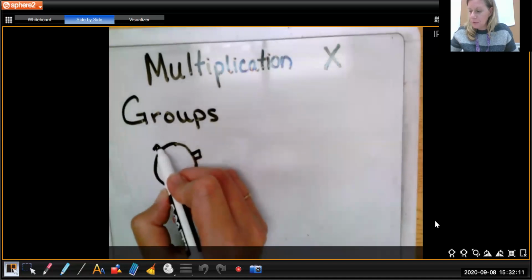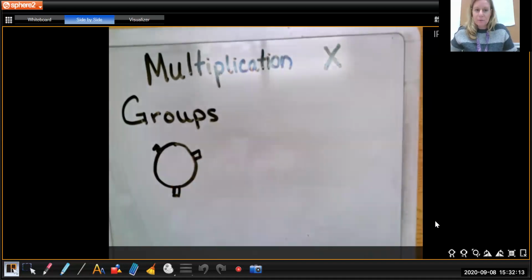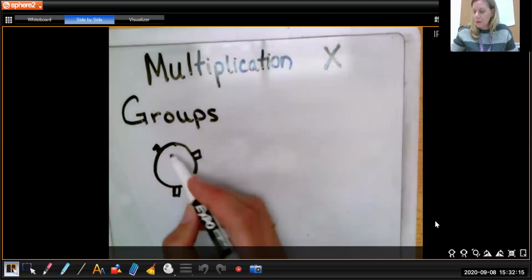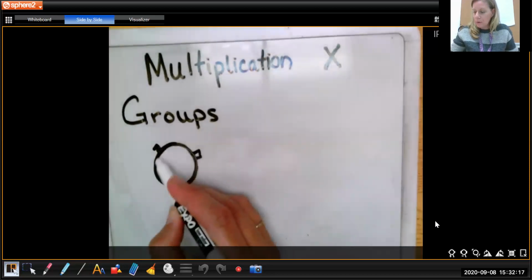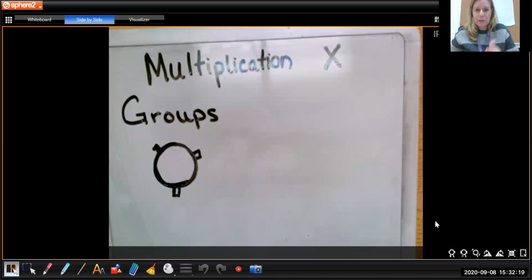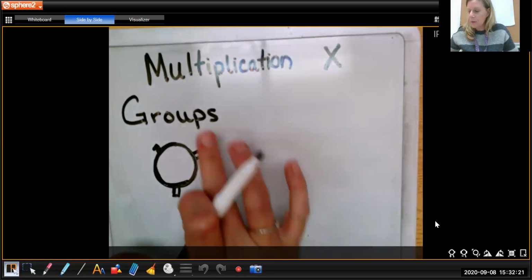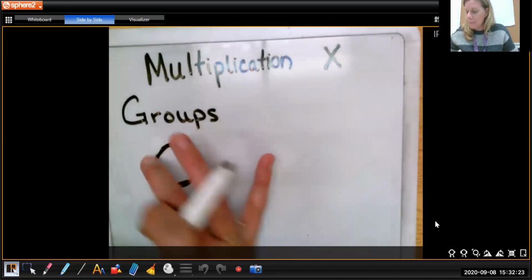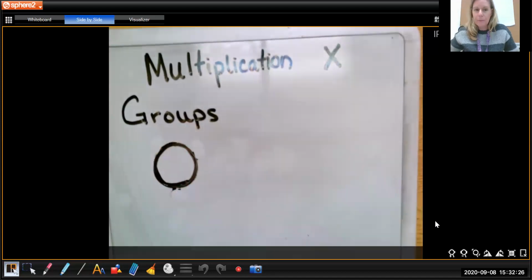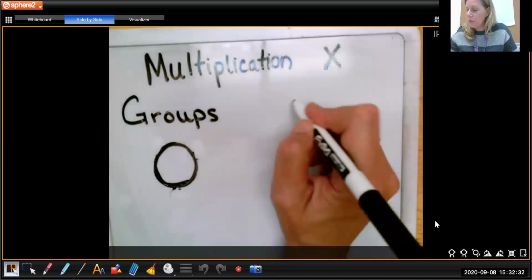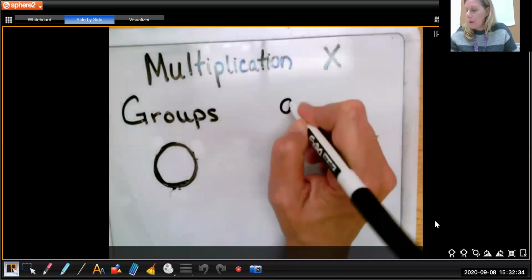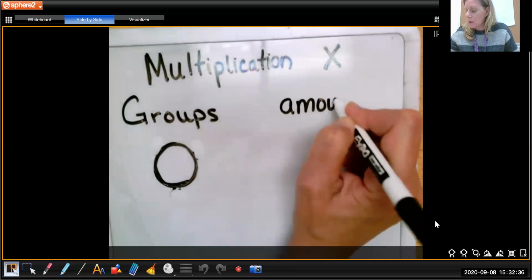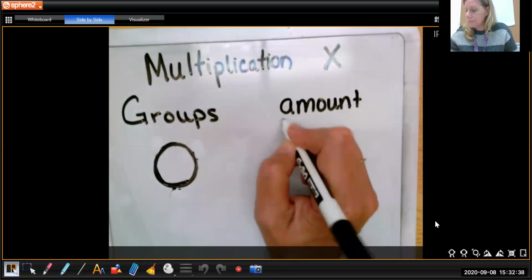These are supposed to be my chairs. So right now, groups is the first thing you need for multiplication. Okay, I'm going to take those little marks off here. The other thing you need, if you're going to have multiplication, is to know that there is an amount in each group.